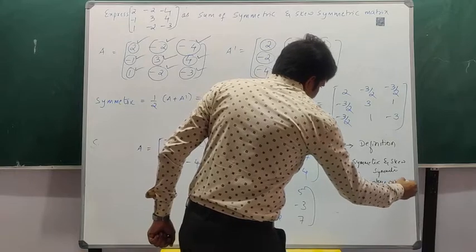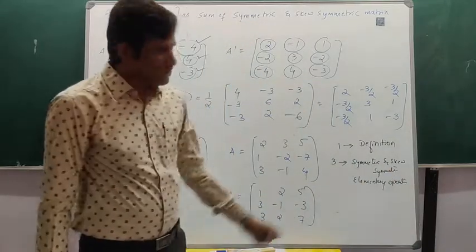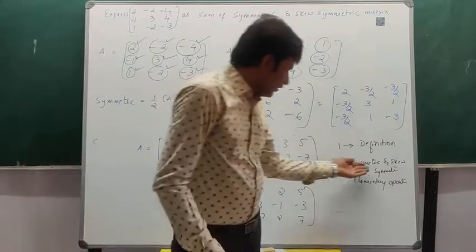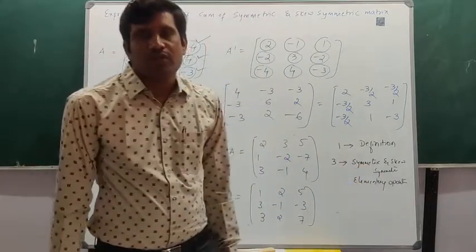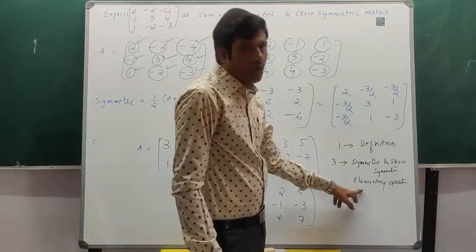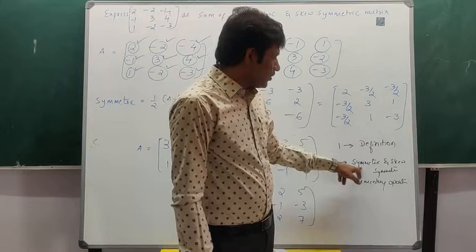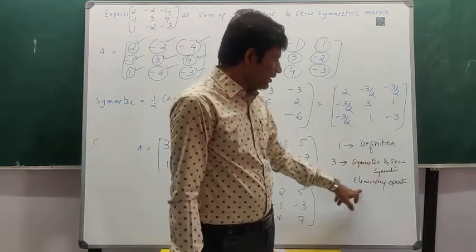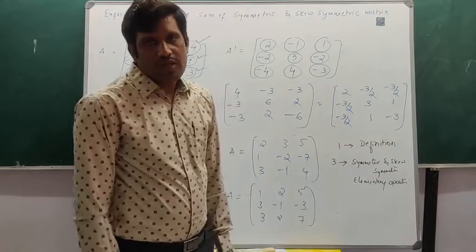So that I told you we will take in the regular offline classes. So that is finding inverse by elementary operation. If they are not asking on symmetric and skew symmetric, then there will be a question on elementary operation. Definitely there will be a question on symmetric and skew symmetric or elementary operation.